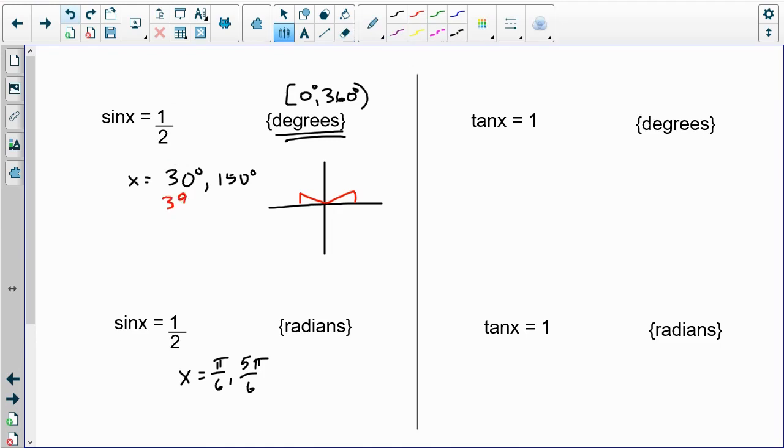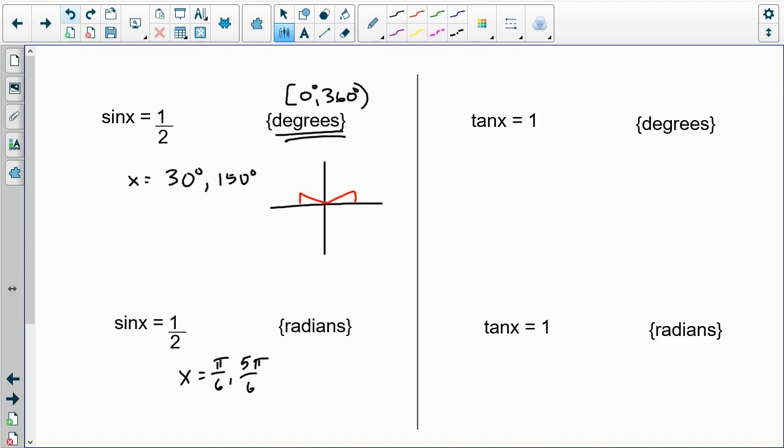So for example, 390, 750, and so on in the positive direction, negative 330, negative 690, and so on in the negative direction. And that would also work for 150. So if I added 360, I'd get 510, 870, and so on. So I end up with a lot of different answers that end up working out.